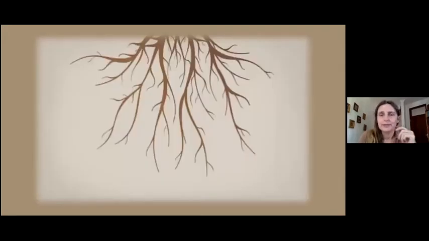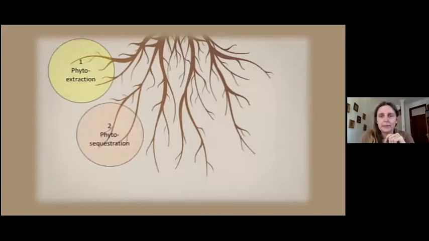I want to illustrate some of the phytoremediation techniques in more detail. Let's firstly look at phytoextraction. So this means the uptake of contaminants from the soil through plants. The next technique we will be looking at is somewhat similar. It is called phytosequestration. So in this case, it means forced uptake of contaminants by plants.